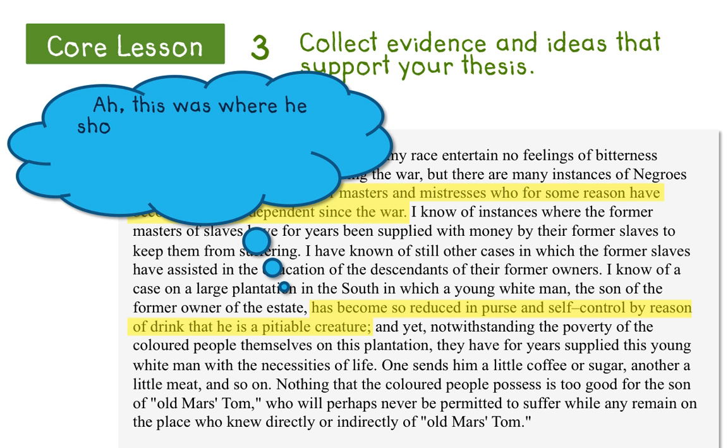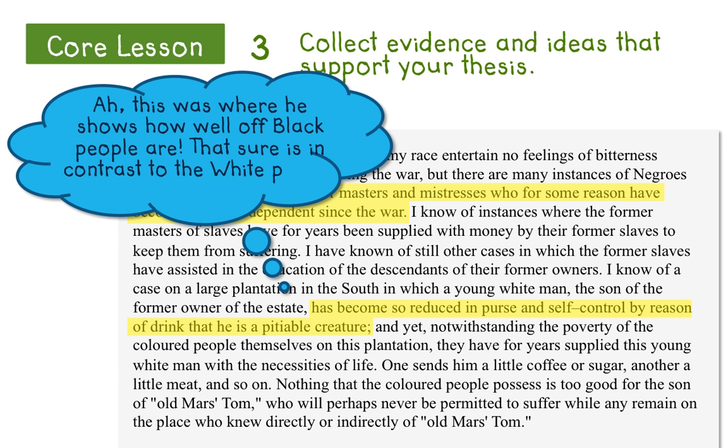See, this is the part where he shows how well off the black people are. That sure is in contrast to the white person in this passage, because this is when you see the white person has become so reduced in purse and self-control by reason of drink that he is a pitiable creature, whereas the black people in this passage are giving things to the white person. They're giving anything that he needs to help take care of him.